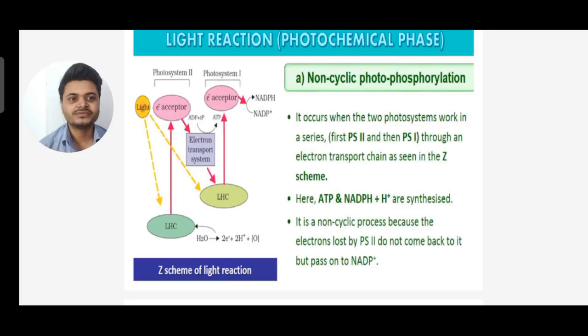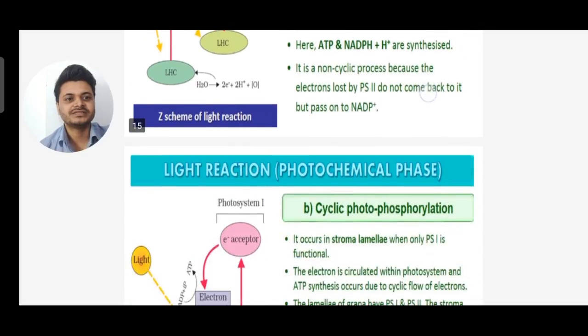It is a non-cyclic process because electrons lost by PS2 do not come back to it, but pass on to NADP plus. Evolution of oxygen also occurs here.